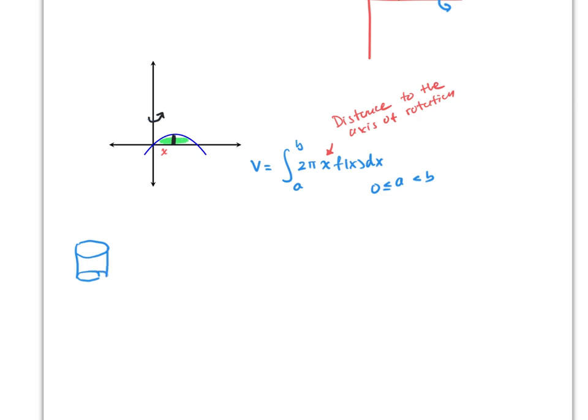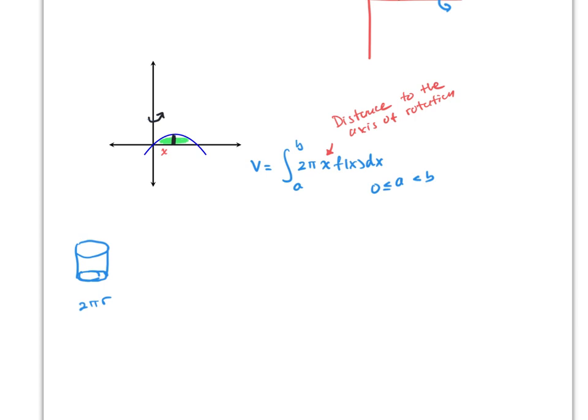Notice that the surface area on the side is equal to 2 pi r. So that's where we get this from, the 2 pi r. So therefore, if you have cylindrical shells and you add all of them, you will get the volume. Okay, so let's do an example of how this works.